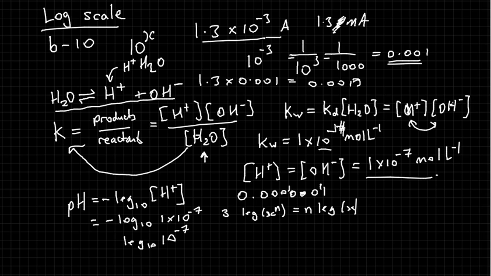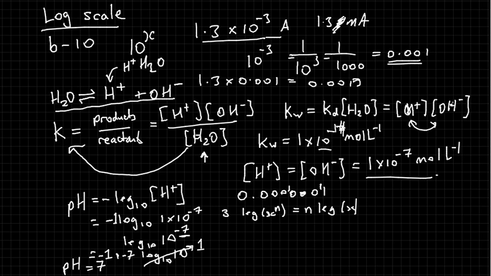So we move the negative 7 out the front, and there's a negative 1 in front of there, so we have negative 1 times negative 7 log 10, and log 10 is defined to be 1. So negative 1 times negative 7 is 7, and that's why the pH of neutral water is 7. That makes a lot of sense.